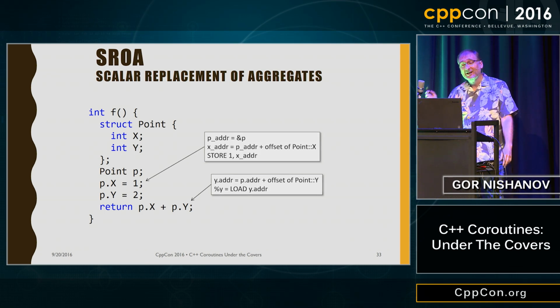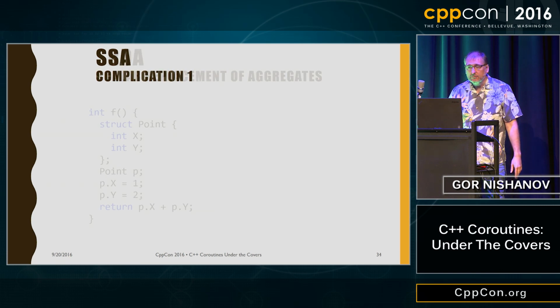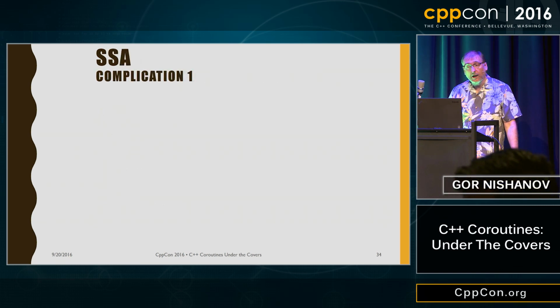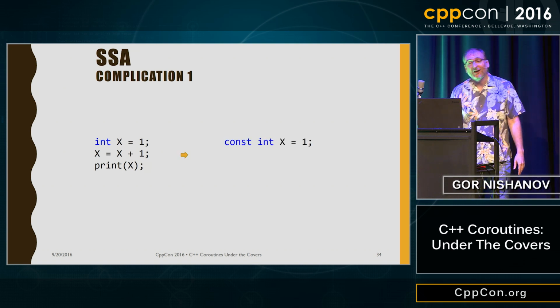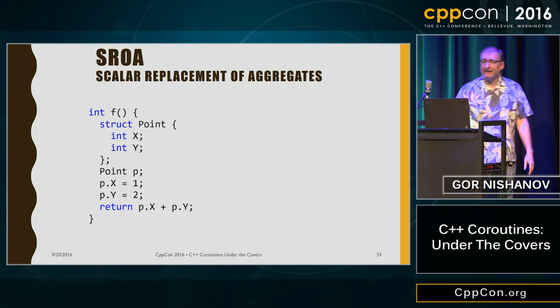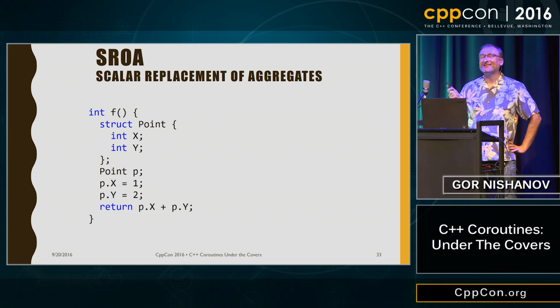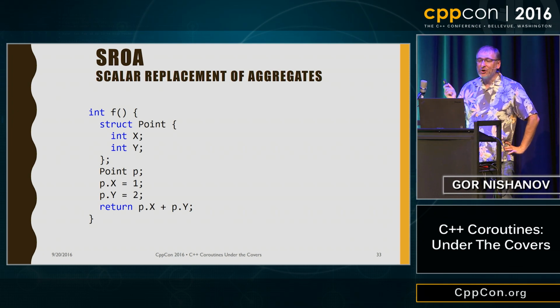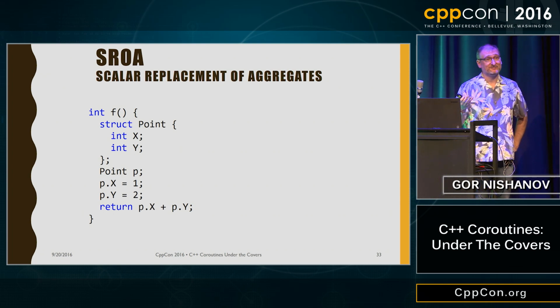So what SROA is doing, it replaces your... wait. It seems like I destroyed the slide, but let me speak through it. So what SROA is doing, it turns the members of your struct into variables.